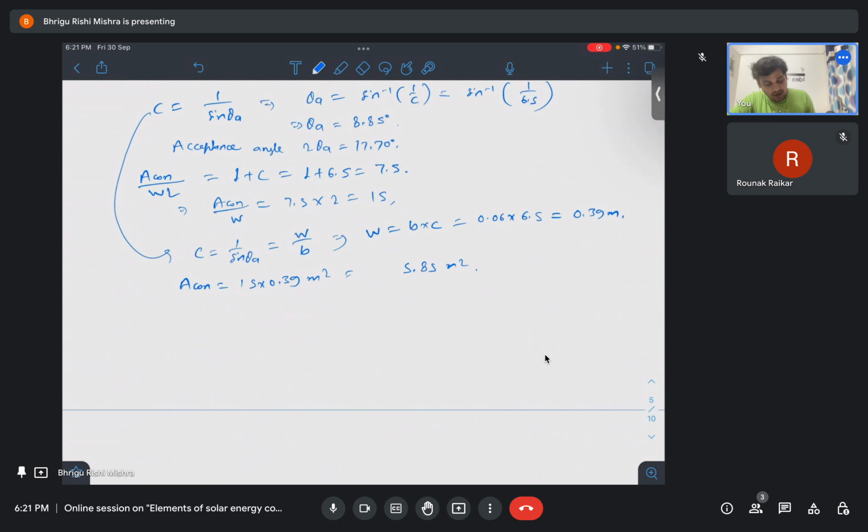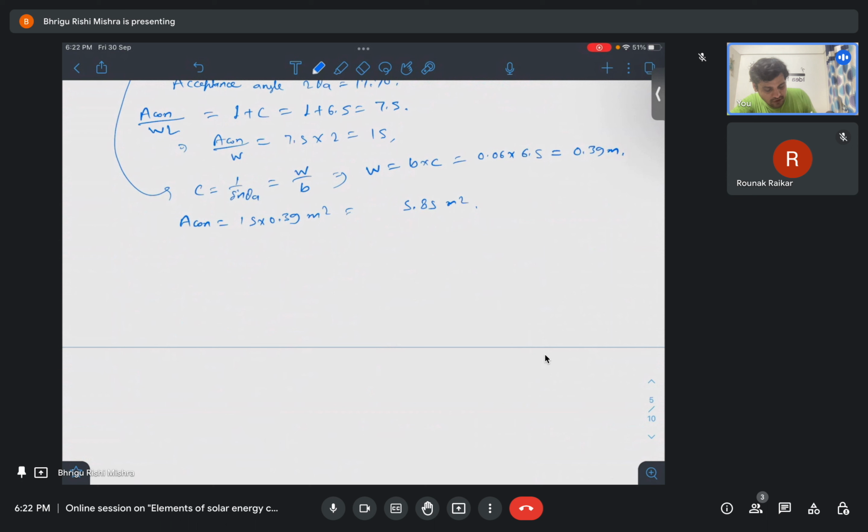Now we also need to calculate the multiple reflection. Like in a CPC, rays can go through multiple reflections before reaching the receiver or the absorber plate. So we can calculate the number of times a beam undergoes multiple reflection before reaching the receiver.